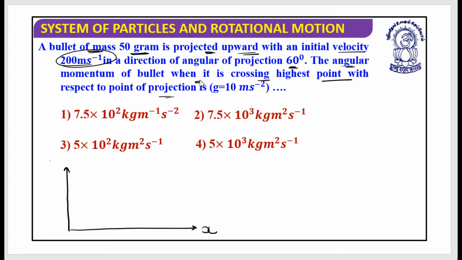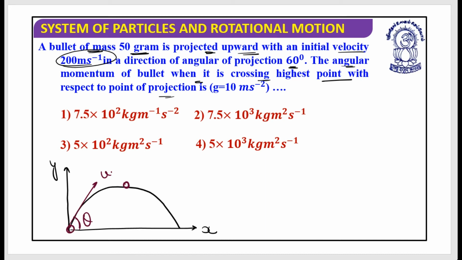Let's say this is x, this is y, and the object has been launched something like this, this is the initial velocity u, this is the angle theta. When this bullet reaches the maximum height, it would be at this point. I want the angular momentum with respect to origin.